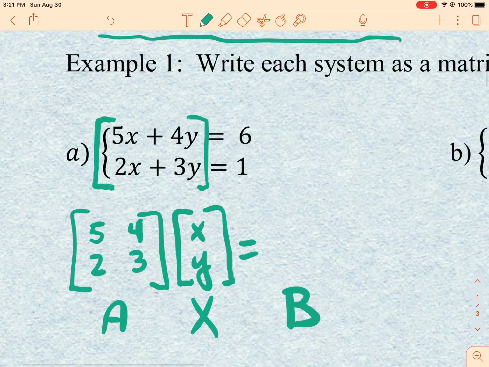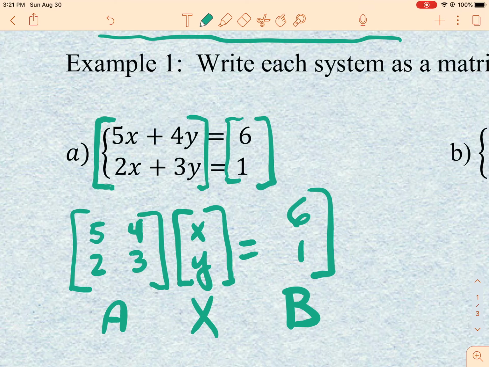Then our B is the constants. So it's almost like you look at that like it's a matrix. And we're getting 6, 1.